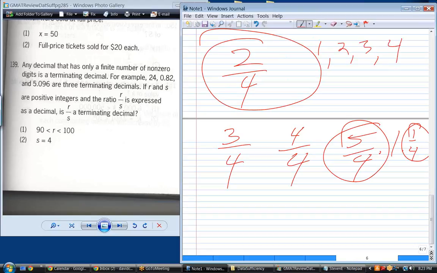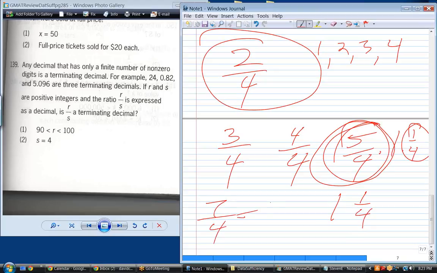I don't care about numbers bigger than 4 because every number bigger than 4, for instance 5/4, can reduce that fraction to 1 and 1/4. Or 7/4 reduces to 1 and 3/4. So I always am only looking at 1/4, 2/4, 3/4, or 4/4, and they're all terminating. So 4 always terminates. So with S as 4, that does answer, is R over S a terminating decimal?